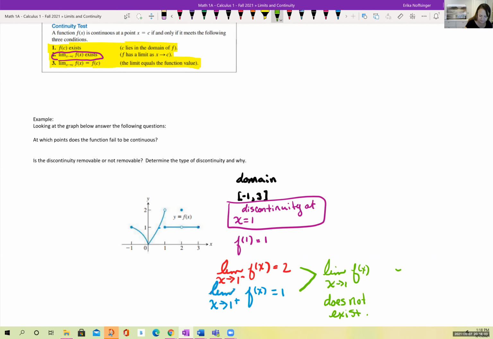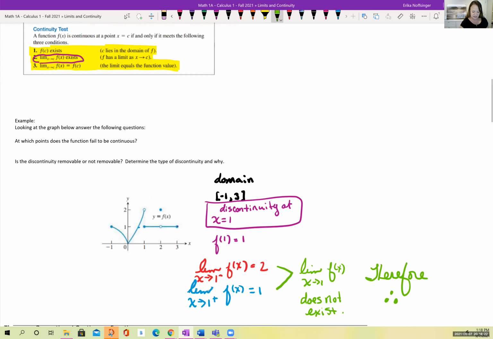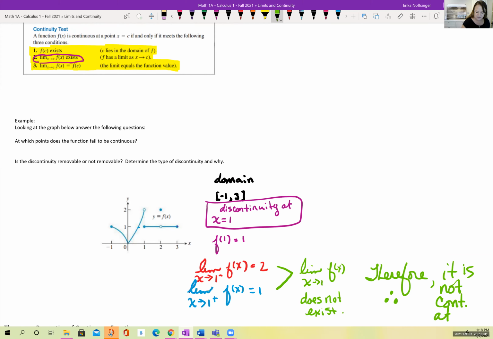So therefore, if you've had my husband before, you might know he uses those 3 dots that kind of form the triangle. That means therefore in mathematics. So therefore, it's not continuous at x equals 1. Sorry, yeah, 1.